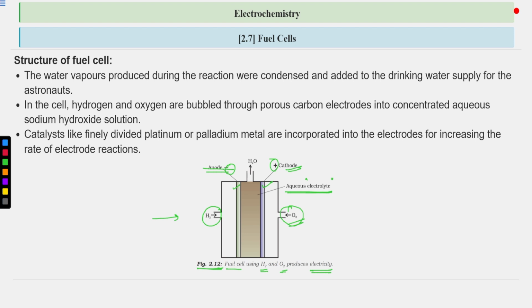After the reaction on the electrodes, the output we get from the combustion of hydrogen and oxygen is water. So as a product, water is obtained from this cell. This is a fuel cell in which we use hydrogen and oxygen to produce electricity. This is the structure of the fuel cell.